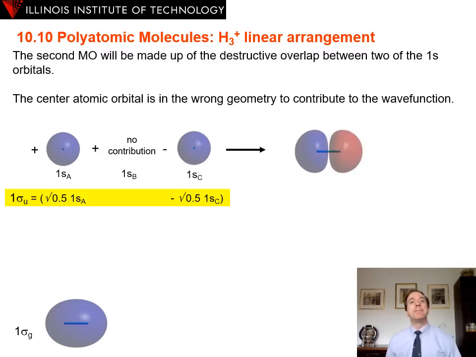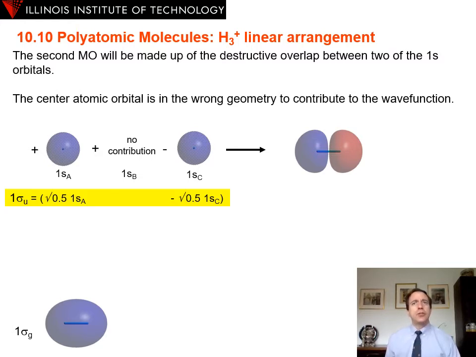When we do that, it looks a lot like our sigma antibonding orbital that we saw for H2. And actually, that's an important point. I'm going to come back to that in a couple of slides, and we're going to analyze this in a second fashion after we go through this process first.